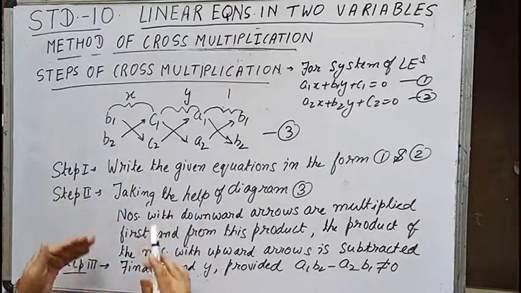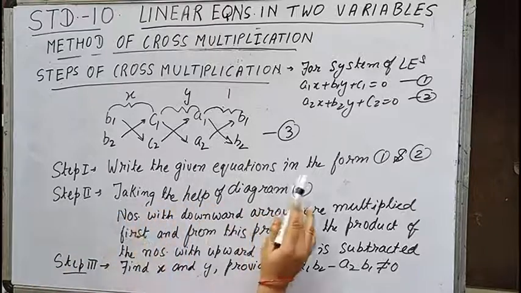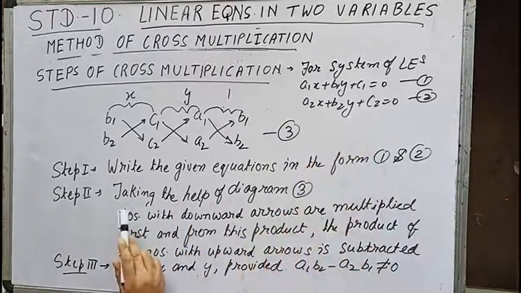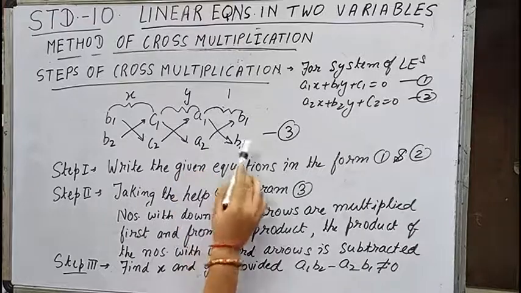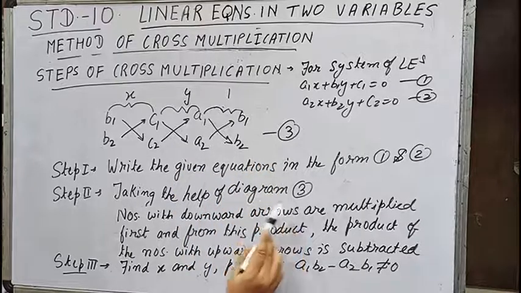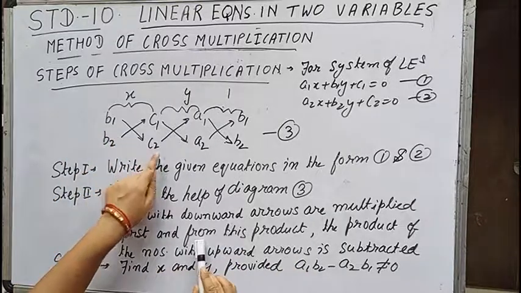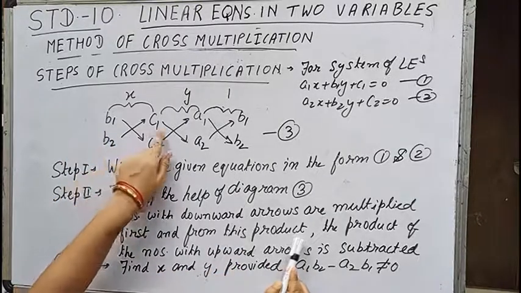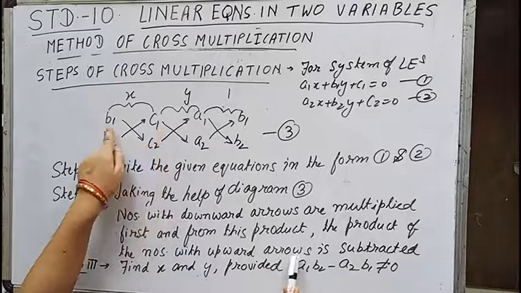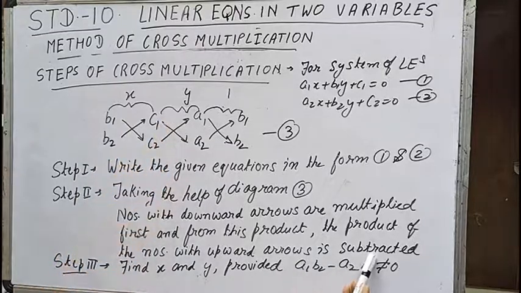Now how to solve? I have written the steps over here. Write the given equations in the form of 1 and 2. Taking the help of this diagram, I have made it number 3. Diagram number 3: numbers with downward arrows are multiplied first, and from this product, the product of the numbers with upward arrows is subtracted.